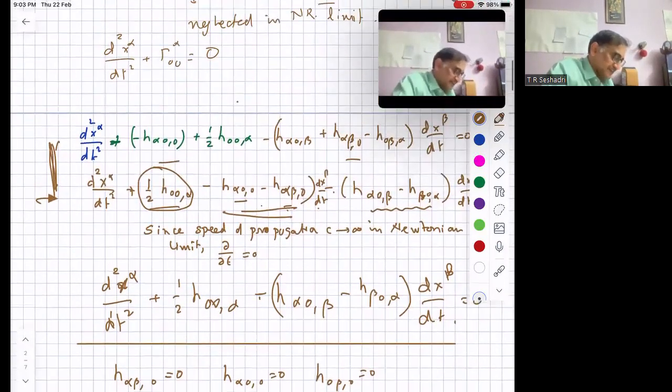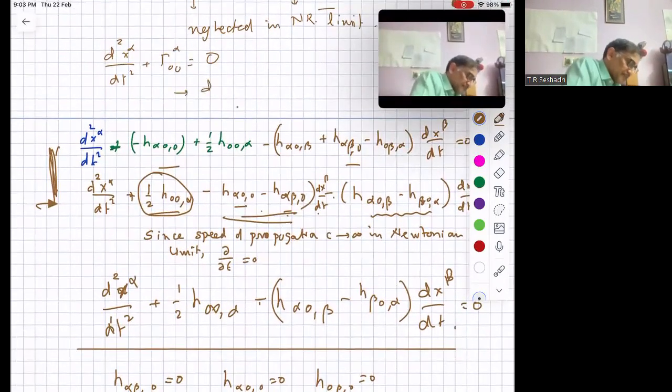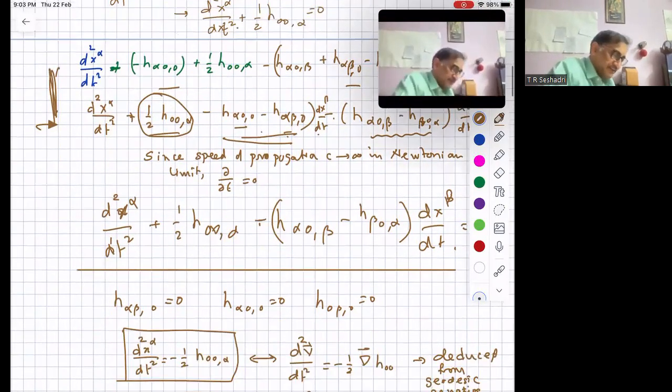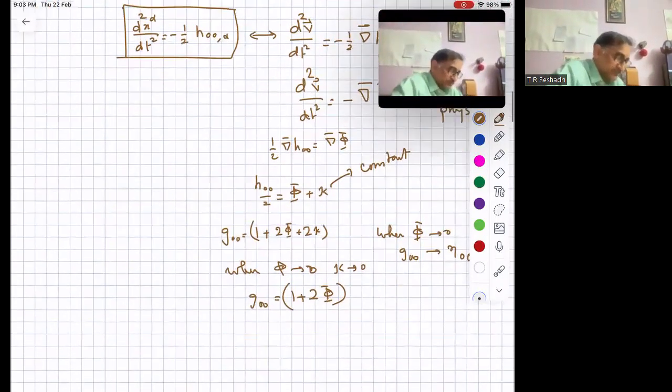And this is what turns out to be, which we already showed that day, d2x alpha by dt square plus half grad h00 comma alpha equal to 0. I mean, this term was 0 because this is 0. That's what I missed that day. And then everything else follows.